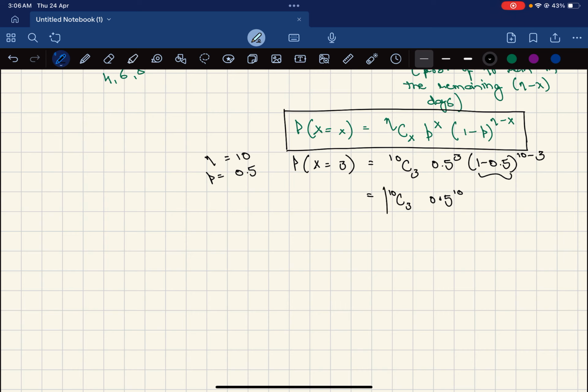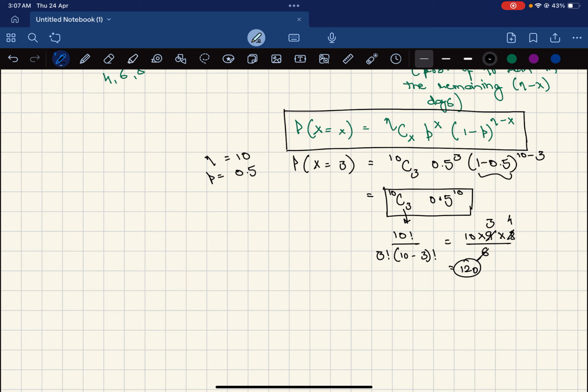And we can now calculate this easily since we know how to calculate the combination operator. It is calculated as 10 factorial upon 3 factorial into (10 minus 3) factorial. This is 10 into 9 into 8 divided by 6. So this becomes 4 into 3. This is 120.